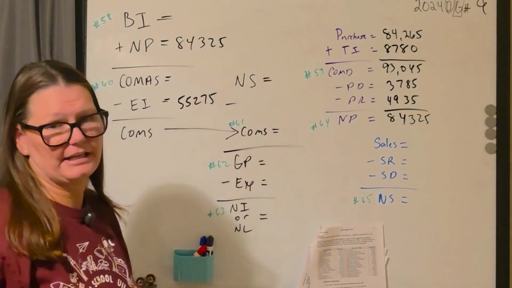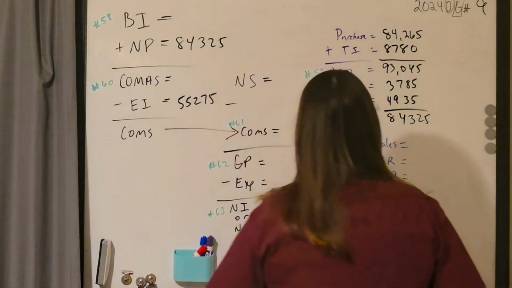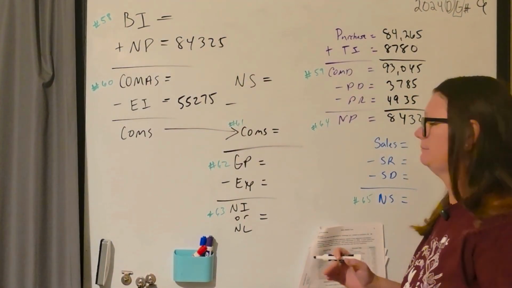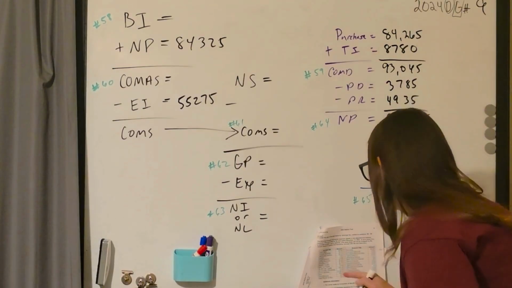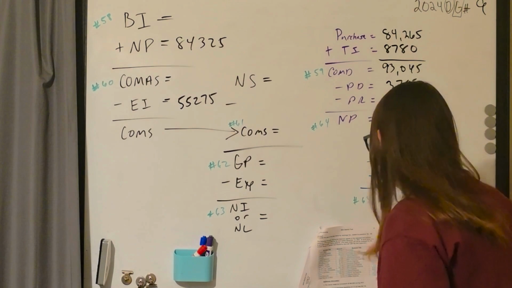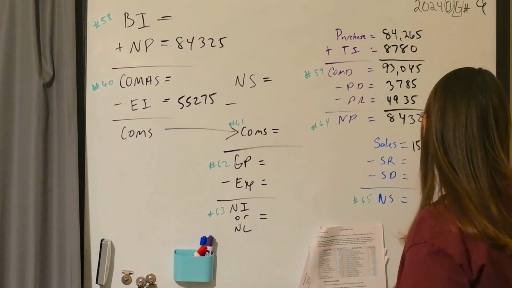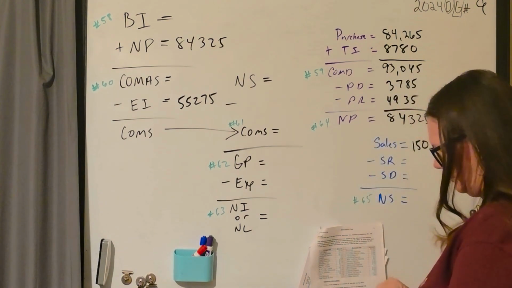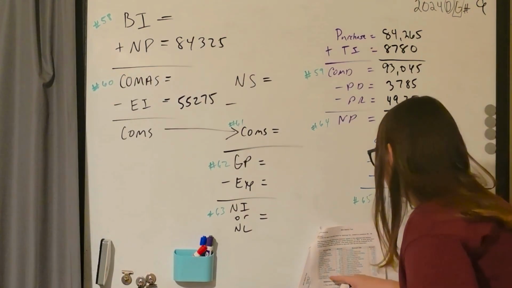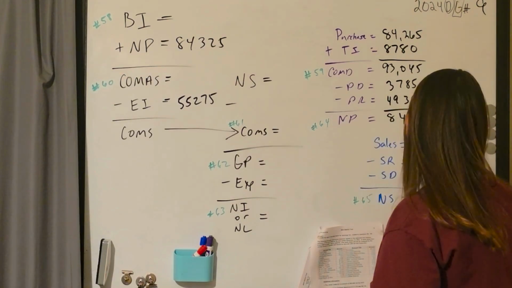I need to calculate net sales. Let's go ahead and calculate net sales. Again, that's another easy one. Sales is $150,420, so I'm going to put that in my calculator. Minus sales returns, $42.10.